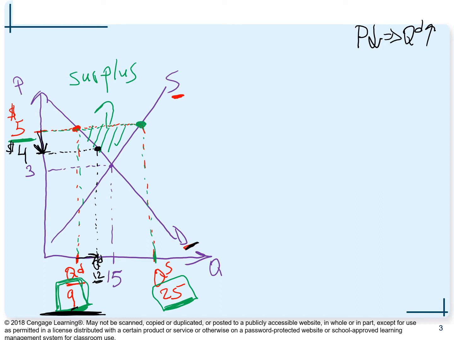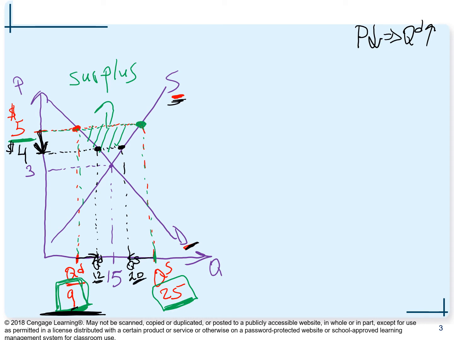Now, when the price of the product is decreasing to $4, I'm going to keep going and I'm meeting with my second curve because I met with my supply curve. I'm going to indicate that this is my quantity supplied. And at the price of $4, quantity supplied was exactly equal to 20. So what happened with the quantity supplied when we lowered the price?